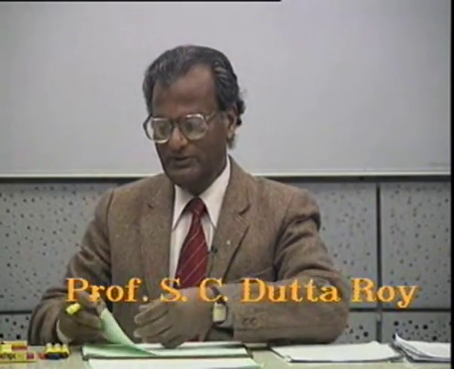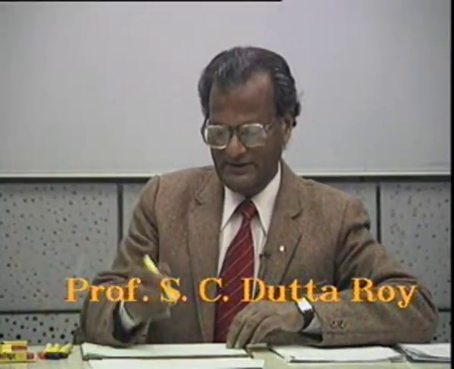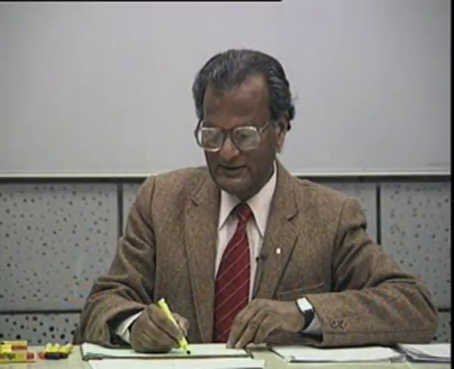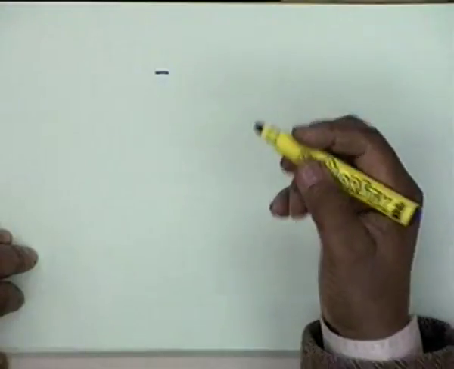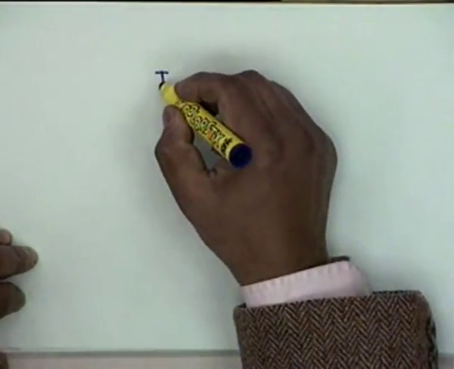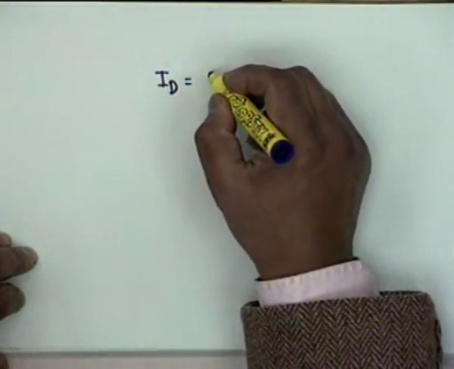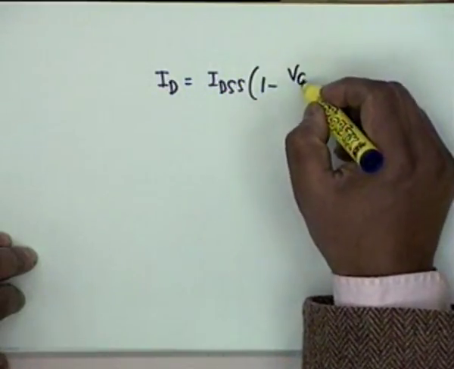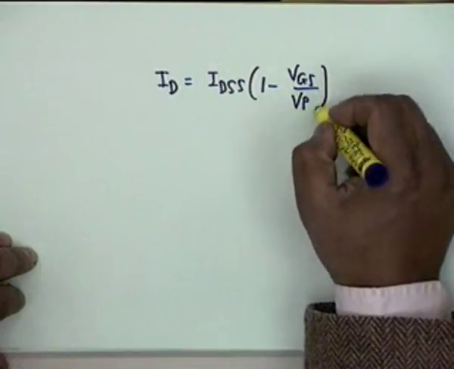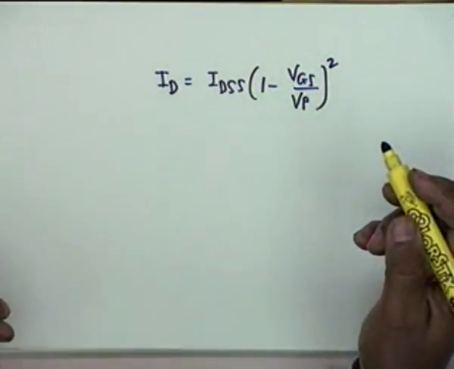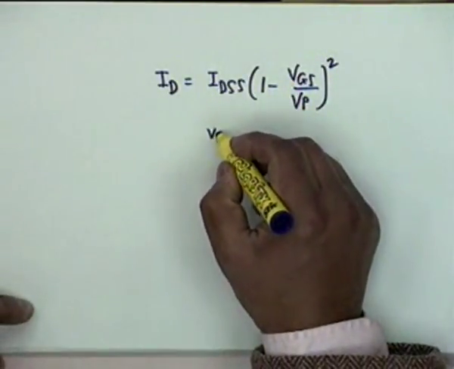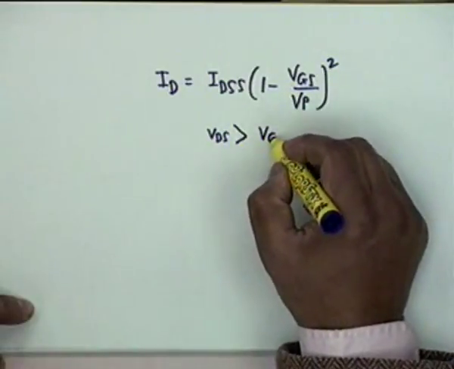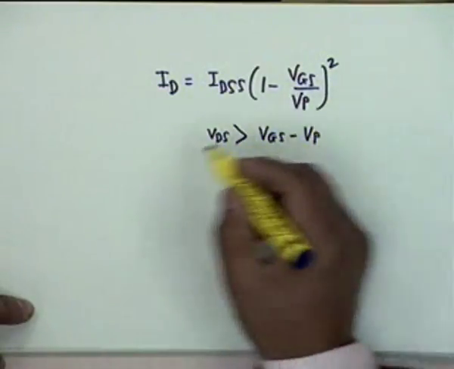Now the first thing we do is write down the characteristic. Since all quantities are DC, let us confine to DC: I sub D is equal to IDSS times (1 minus VGS divided by VP) whole squared, provided VDS is greater than VGS minus VP.